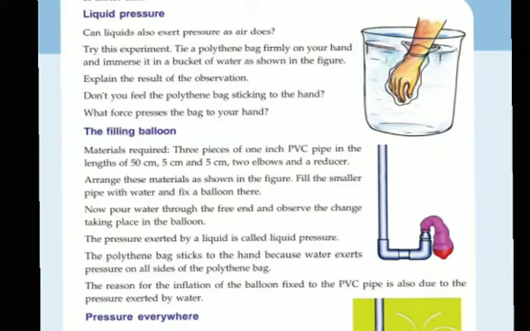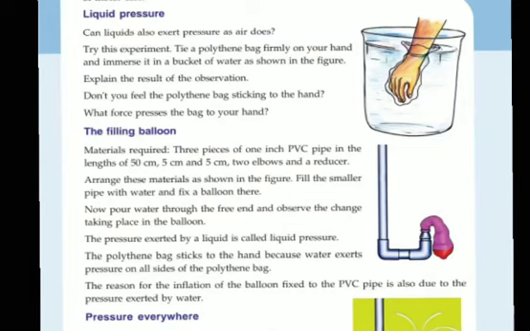The polythene bag sticks to the hand. What makes the polythene bag stick to the hand? It is the pressure exerted by the water that makes the polythene bag stick to the hand. So liquid also exerts a pressure that is called liquid pressure.